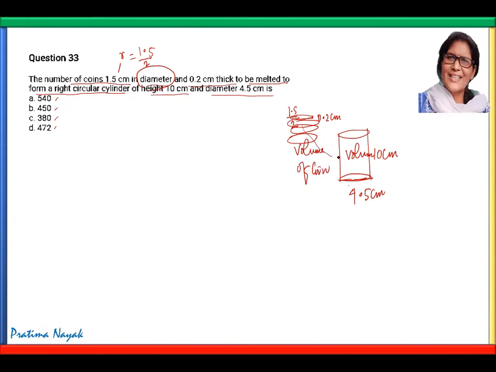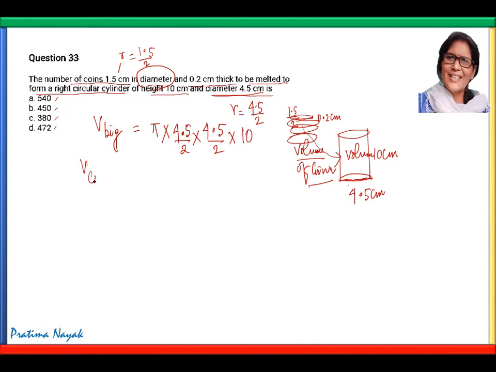Anything that is melted and made into a new thing, the volume remains the same. So first I'll write the volume of the big cylinder. It is equal to pi into radius squared, where radius is 4.5 by 2 centimeter, into height 10.